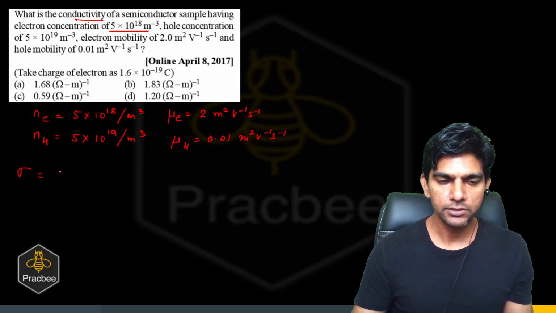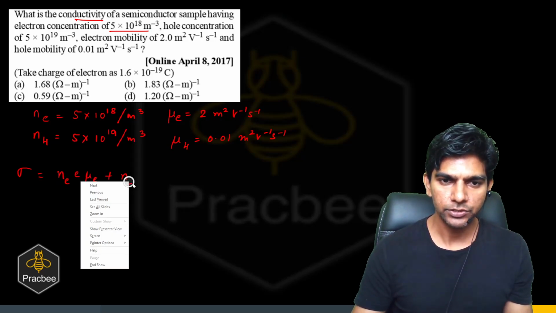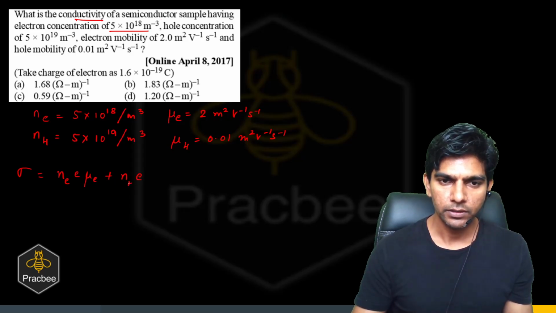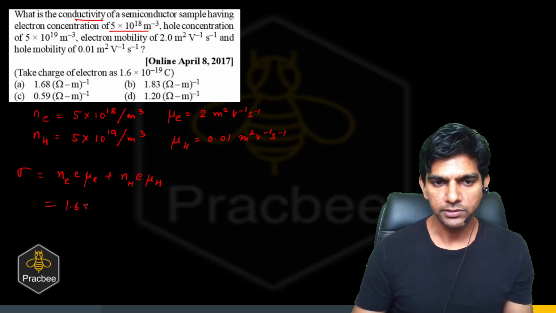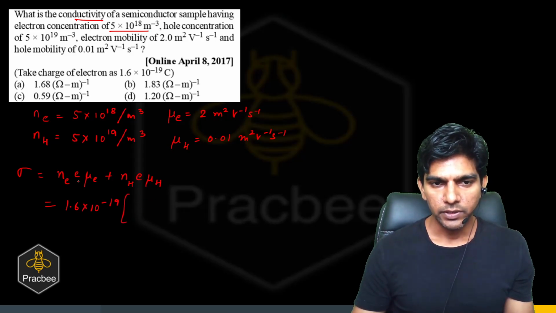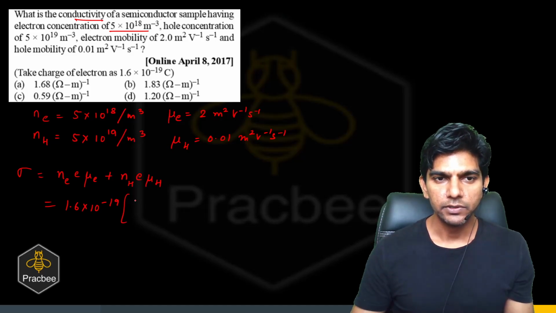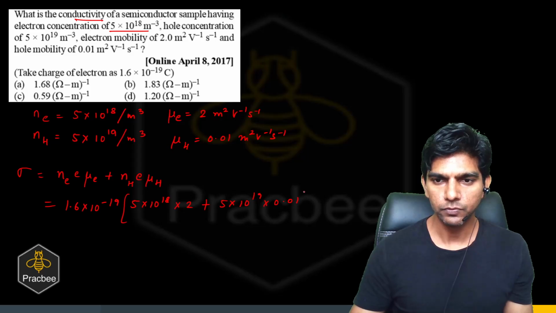So sigma is n_e e mu_e plus n_h e mu_h. So let us put the values. 1.6 into 10 raised to power minus 19. e will be common. So n_e is given as 5 into 10 raised to power 18 times 2 plus 5 into 10 raised to power 19 times 0.01.